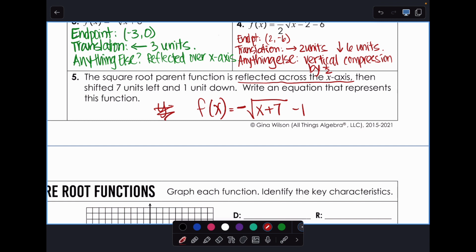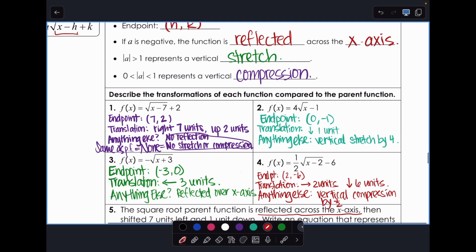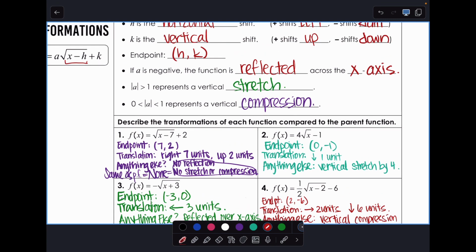Any questions? So I'm a little confused with the stretch and the compression. How can you know which to use? If it's a whole number greater than 1, it's a vertical stretch. If it's a fraction, it's a vertical compression. That's why up here we have that a is greater than 1 and a is between 0 and 1.